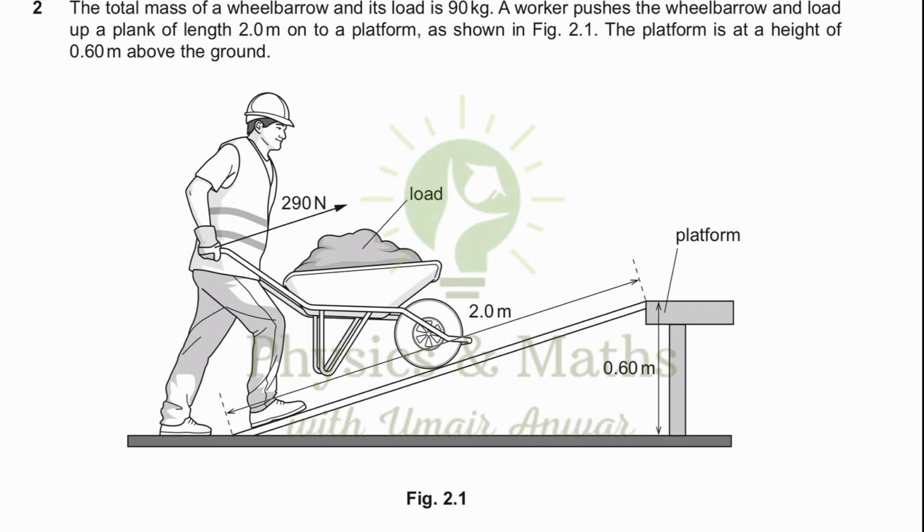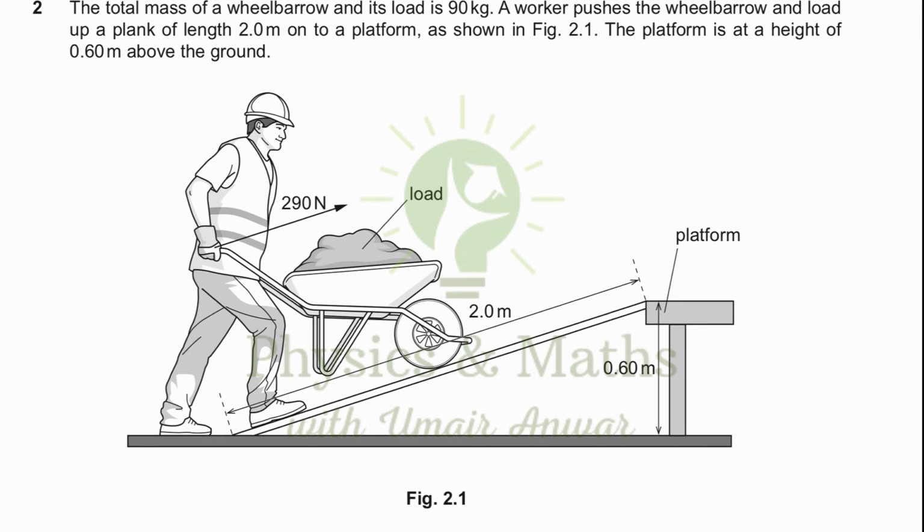Question number 2. It says the total mass of a wheelbarrow and its load is 90 kilograms. So this is the total mass of this wheelbarrow and the load placed in it. A worker pushes the wheelbarrow and the load up a plank of length 2 meters, so the length of this plank is 2 meters, onto a platform as shown in figure 2.1. The platform is at a height of 0.60 meters above the ground.